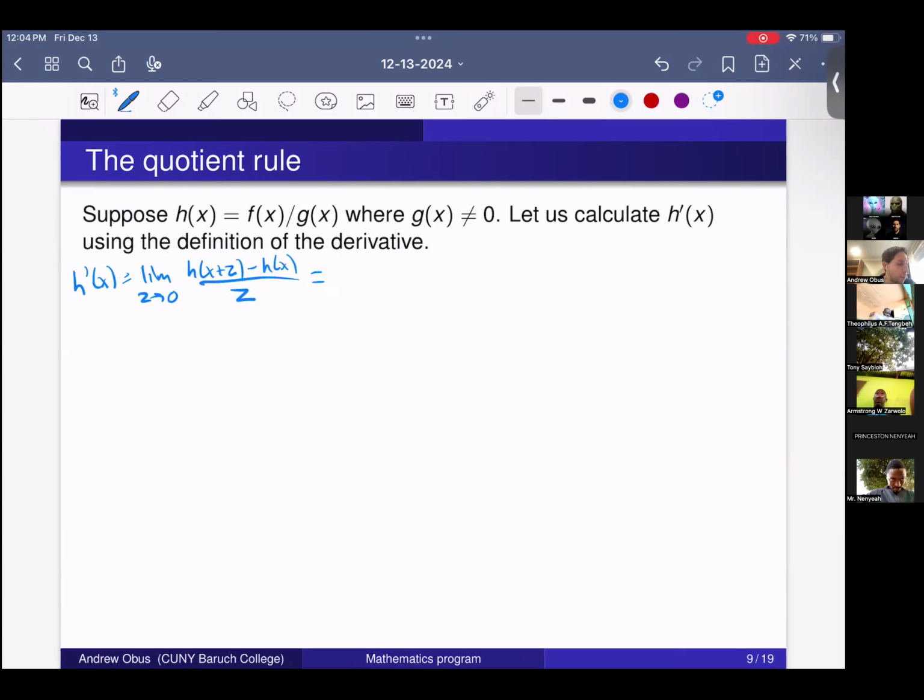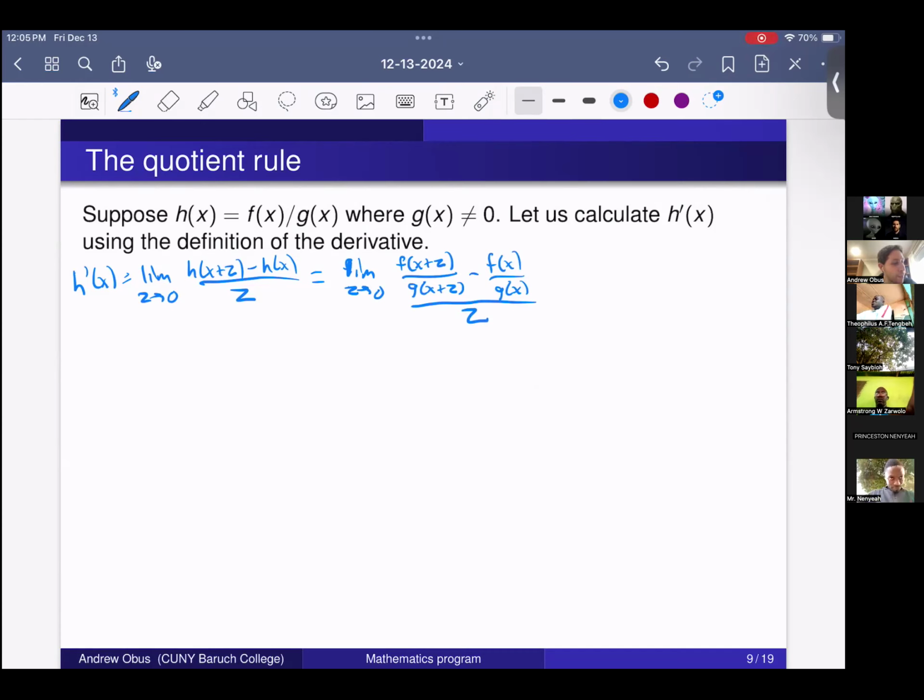And now it's going to get a little more complicated because h is a quotient, so we're going to get a complex fraction here, right? h is f divided by g. So we have the limit as z approaches 0 of f of x plus z over g of x plus z minus f of x over g of x divided by z.